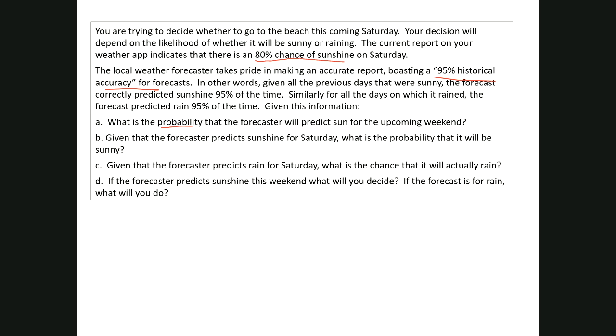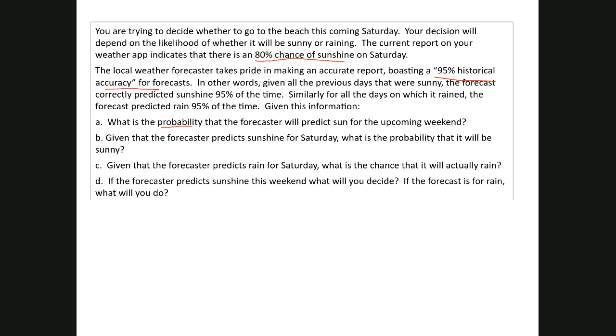So our first step is to develop those events that are associated with this information. As in some of our other examples, we've got 4 different possibilities. First of all, the weather can actually be sunny.